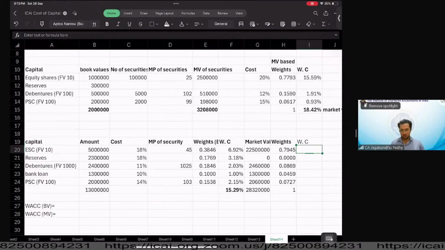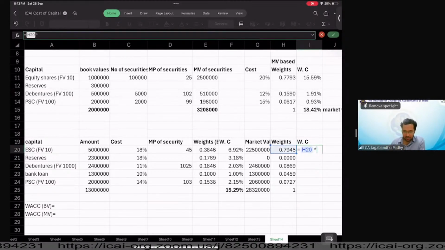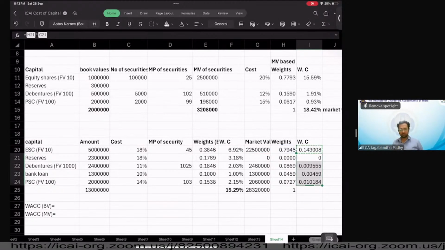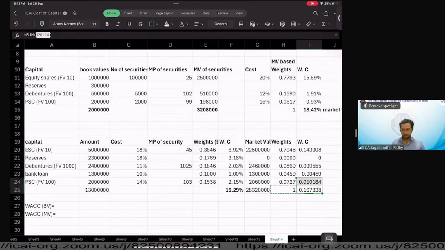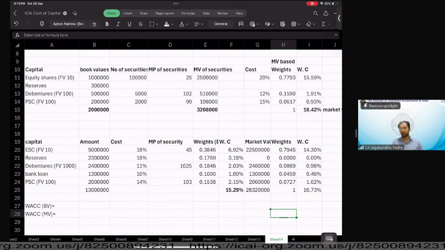Then weights into cost. Weights multiplied by the cost, which is 18%. We take a summation that comes out to 16.73%. Is it right? Approximately 16.73%. Got it, guys?